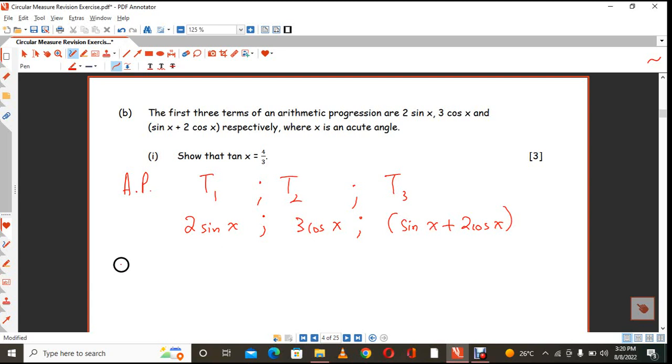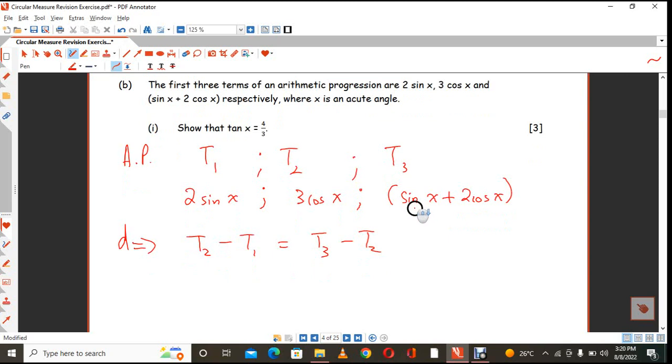So what do we know? In order for us to find the common difference, we take term 2 minus term 1, and say that is equal to term 3 minus term 2. Term 2 is 3 cos x minus term 1, which is 2 sin x, and that should equal term 3, which is sin x plus 2 cos x.